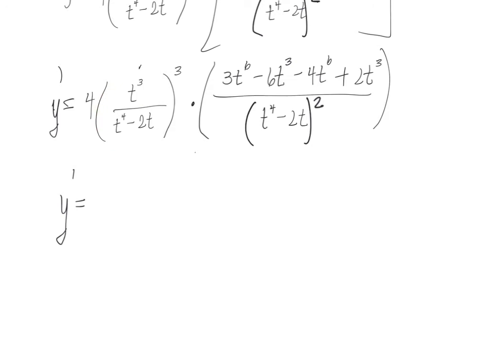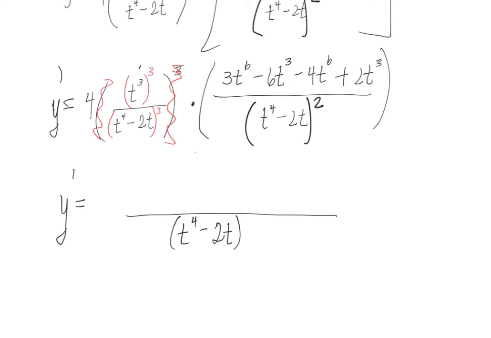Well, if I forget about this and I just cube each thing, now I can call my denominator t to the fourth minus 2t, and then 2 plus 3 is fifth power.